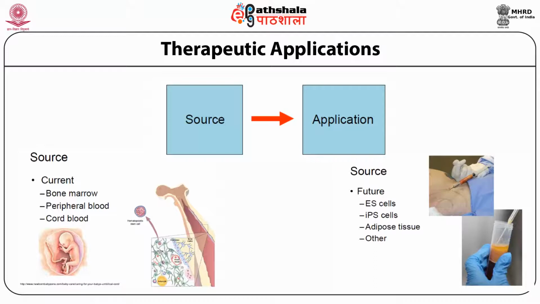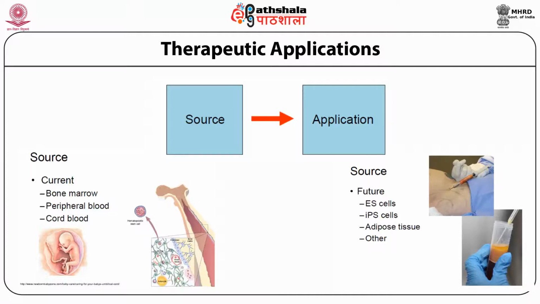If you look at the source, bone marrow, peripheral blood, and cord blood are the sources currently being utilized, whereas there are some sources which will be utilized in future based on the investigation being carried out at different levels. These could be ESCs, these could be iPSCs, and there could be adipose tissue also from where these cells will be isolated.